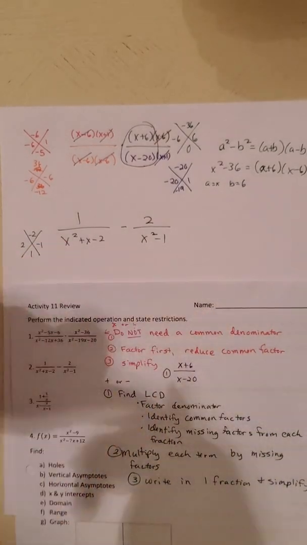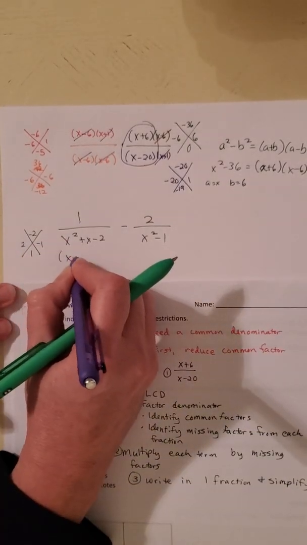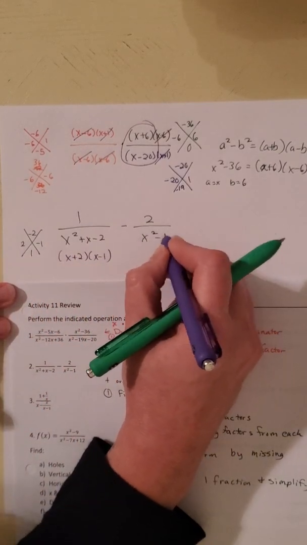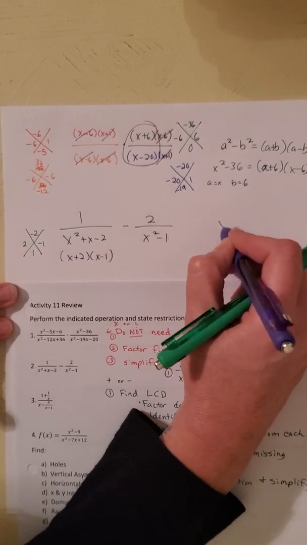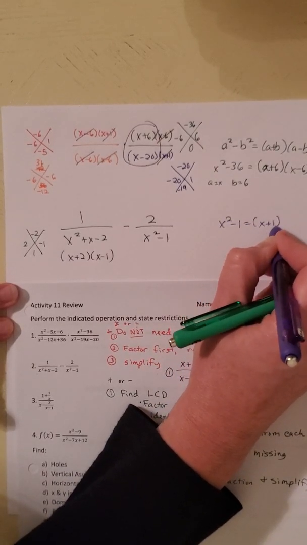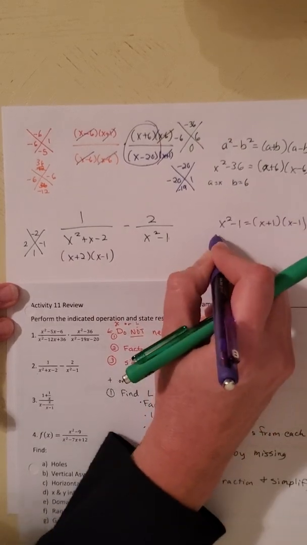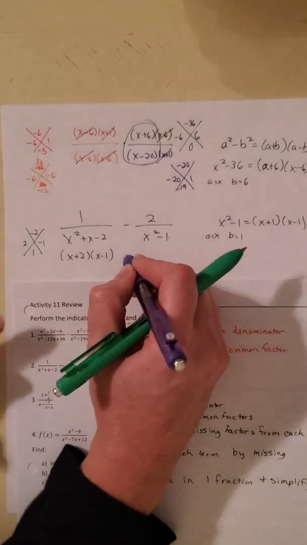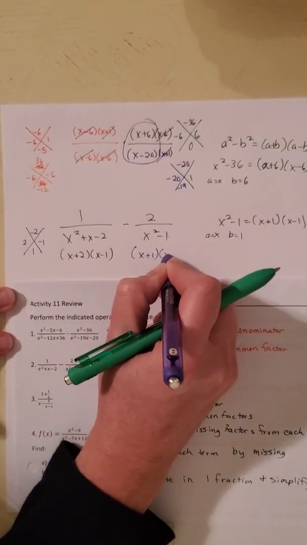So this will factor as x plus 2, x minus 1. And this one again is a difference of squares, just like up here. X squared minus 1 is going to factor as x plus 1, x minus 1. Right? A is x and b is 1.